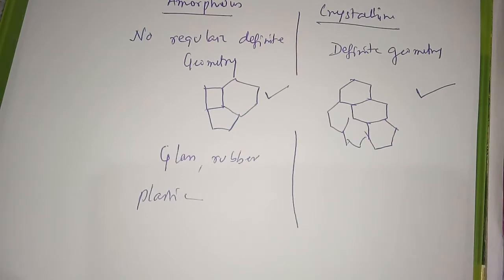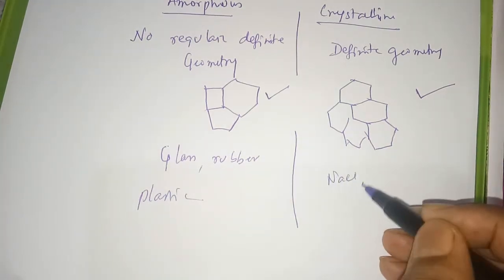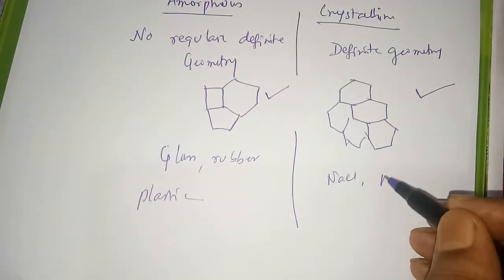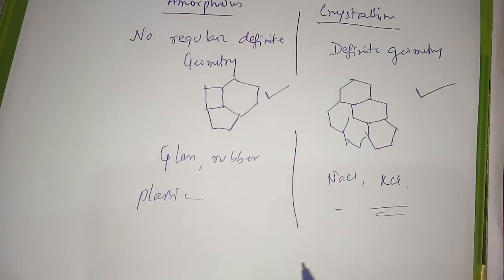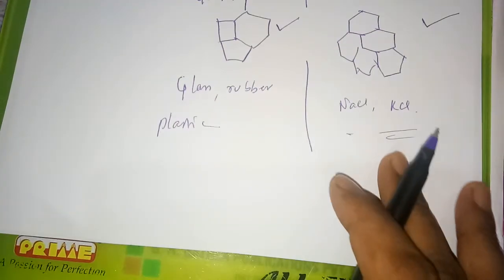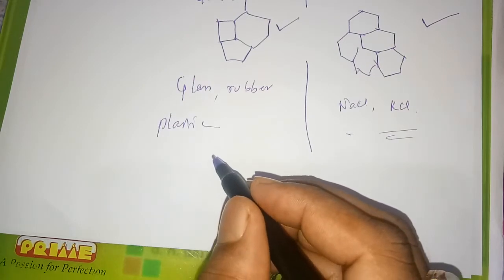So crystalline solids, for example NaCl, KCl, are crystalline solids having definite geometry. Another point that I want to discuss, one is isotropy, another one is anisotropy.